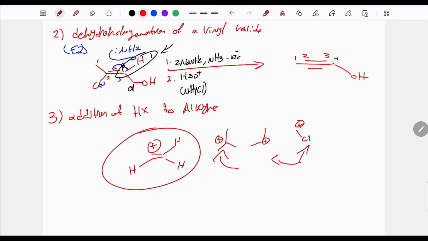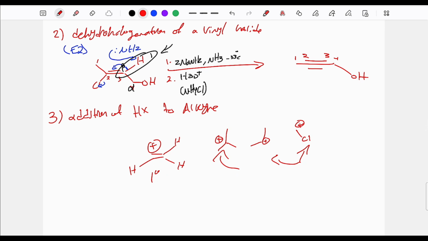A vinylic carbocation is very unstable. In fact, what I'm showing you is a primary vinylic carbocation, and a primary vinylic carbocation is so difficult to form that there's actually no clear evidence that it even exists. That's how unstable it is.